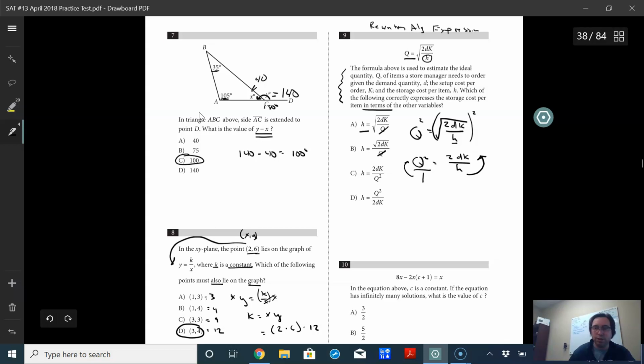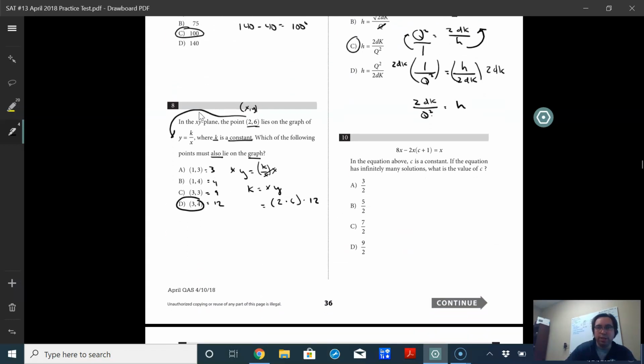So now this reads as 1 over Q squared equals H over 2dk. And we now know we need to multiply by 2dk, same thing over here by 2dk. And what you end up getting is 2dk over Q squared equals H, leaving you with the answer choice C.